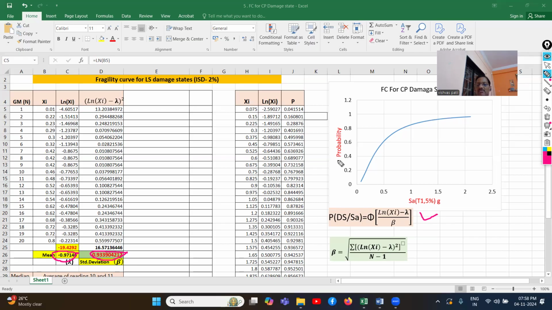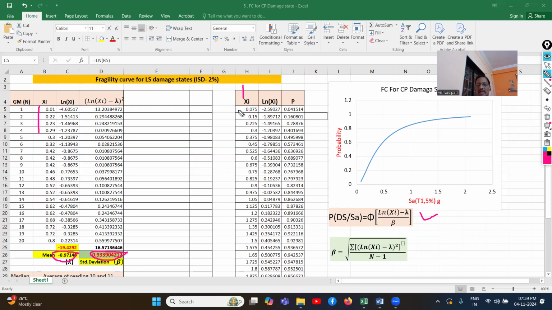Next, we can very easily do the calculation to obtain the probability. Now take another set of readings of spectral acceleration. It is not necessary that it should be of this series.